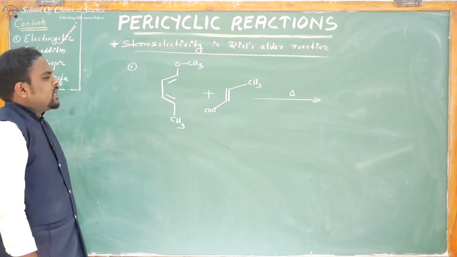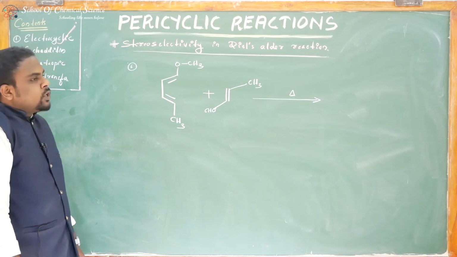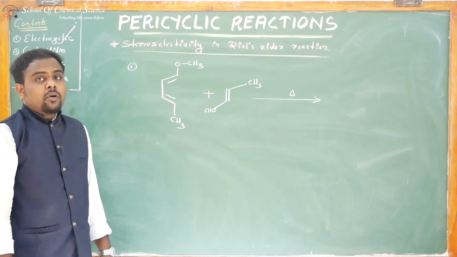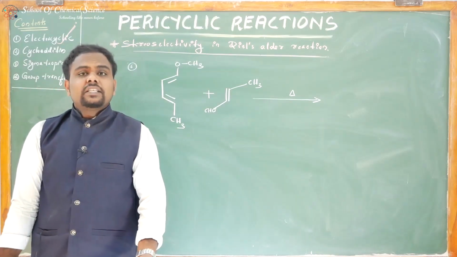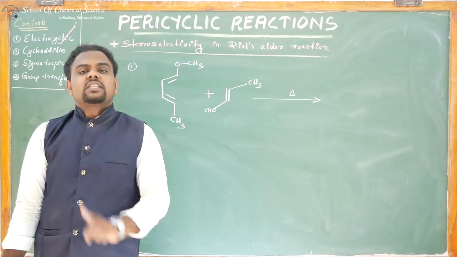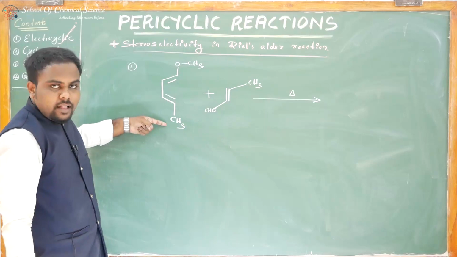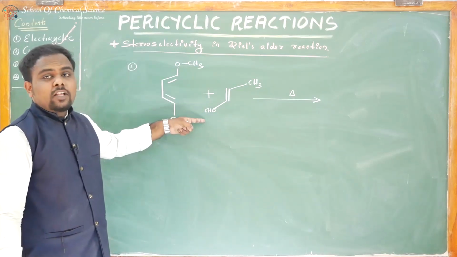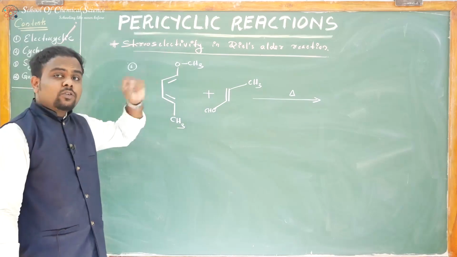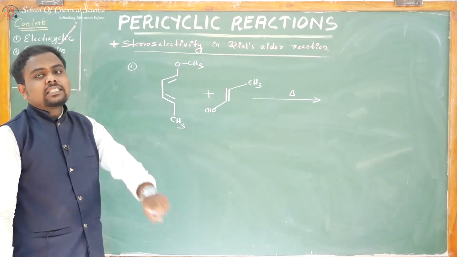Okay, so please listen. Here you have to think not only about stereochemistry, stereoselectivity, but also regioselectivity. Why? Because your diene is unsymmetrical, and the dienophile is also unsymmetrical. If both diene and dienophile are unsymmetrical, you have to think about regioselectivity as well as stereoselectivity.